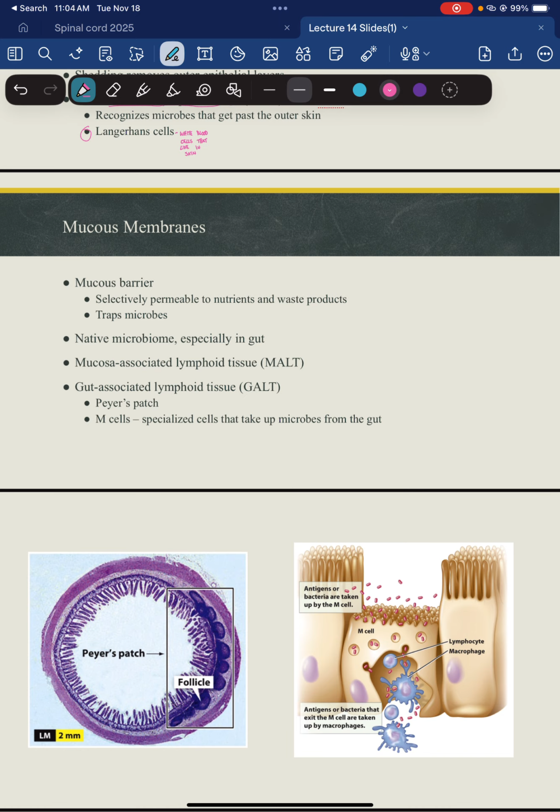And here is our mucosa-associated lymphoid tissue, and then we actually separate out the gut, even though it's part of the mucous membrane system, because of how important this is. So GALT is a part of the MALT system.